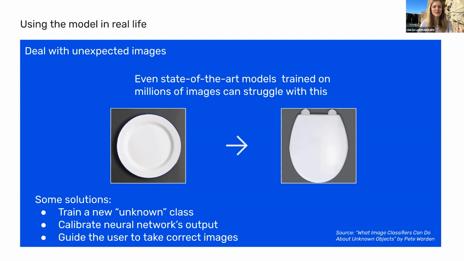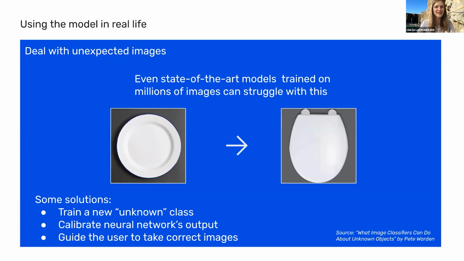And an example of this could be where a model is trained to predict a toilet seat amongst the 1,000 categories with really high accuracy to say that, okay, this is toilet seat or not. But if it's provided a plate, so an image of a completely different class, it doesn't have an option to say, I don't know. It will try to give its best prediction.